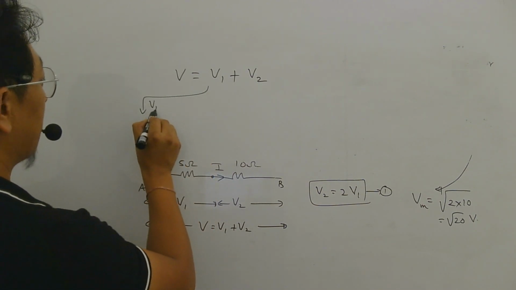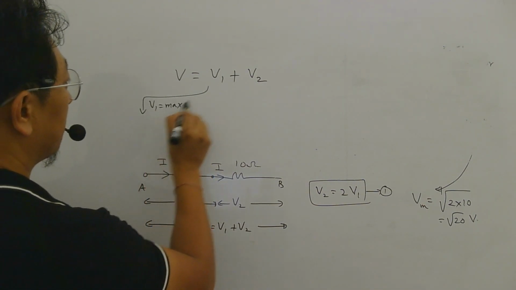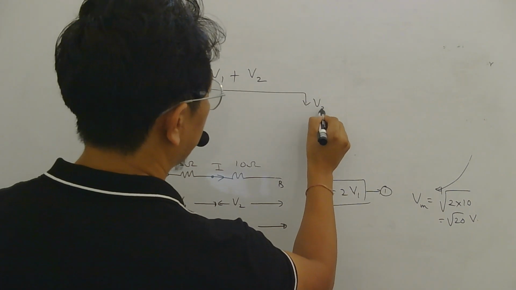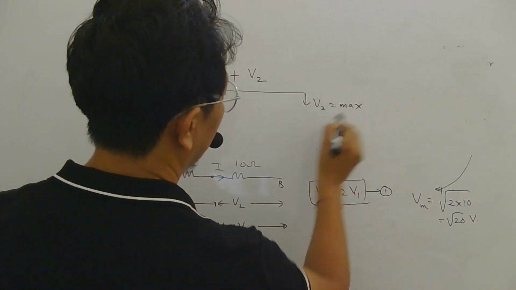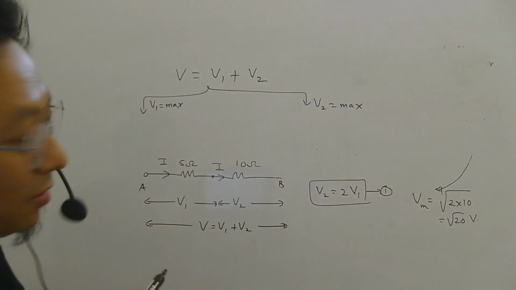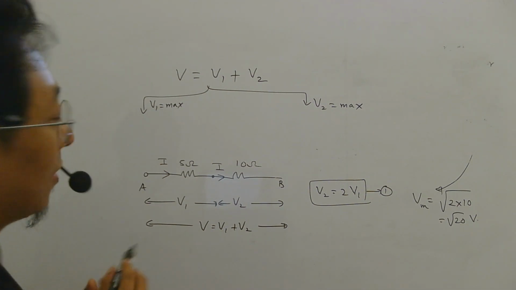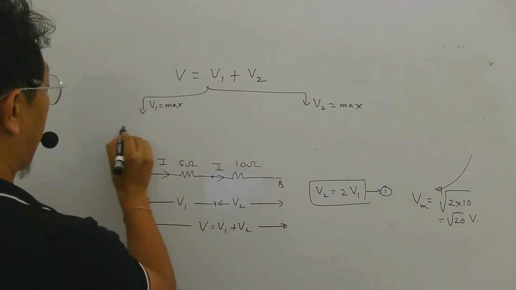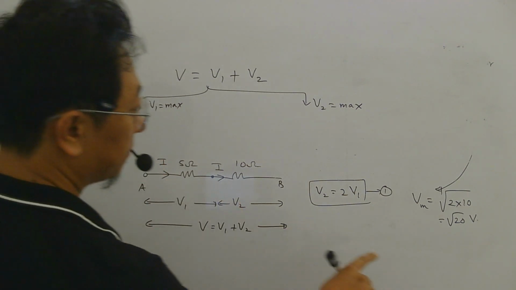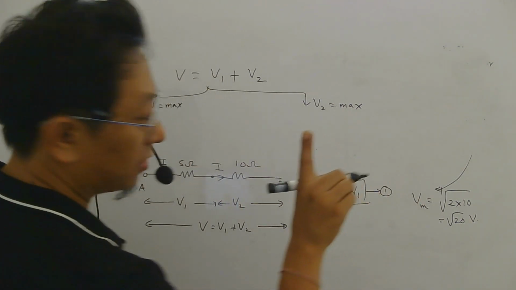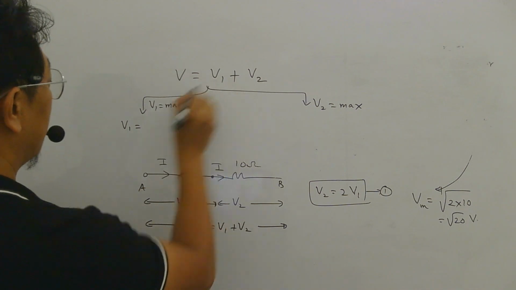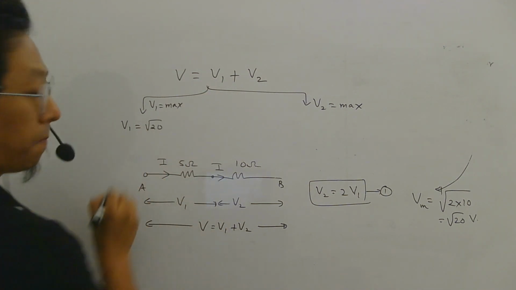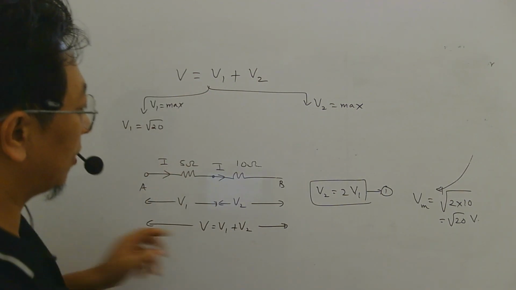Either V1 is maximum or V2 is maximum. Okay, so let's check what we will get in the two cases and which case is actually correct. So if I say V1 is max, then V1 will be how much? What is the maximum voltage for each resistor? Root 20. So V1 should be root 20. Now if V1 is root 20, what will be V2?